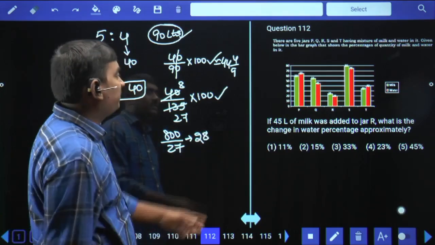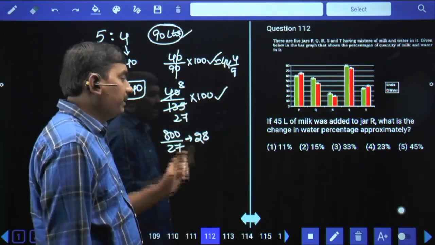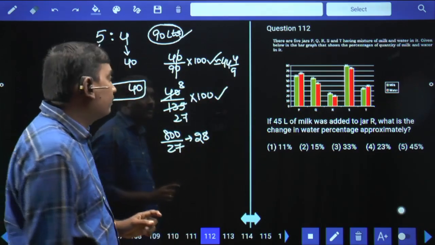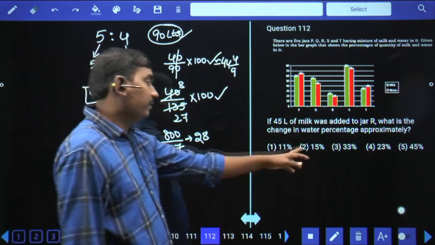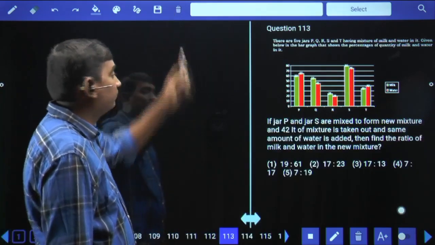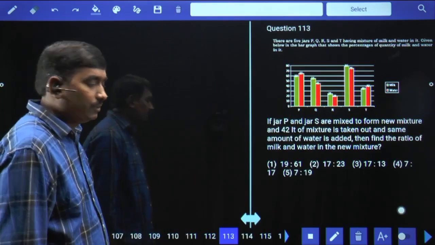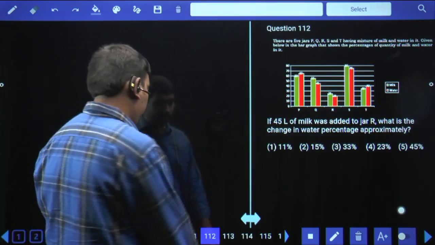So what is the approximate difference? 45 minus 28, approximately 15% is your answer. 45 minus 28 is around 17, so nearby 17 I am having 15 only. That's your answer.